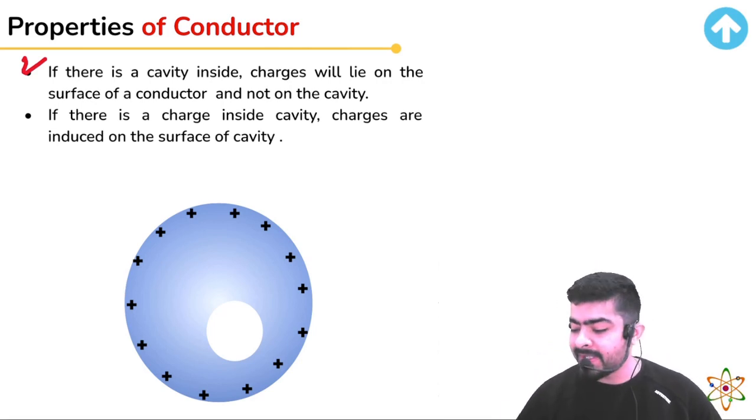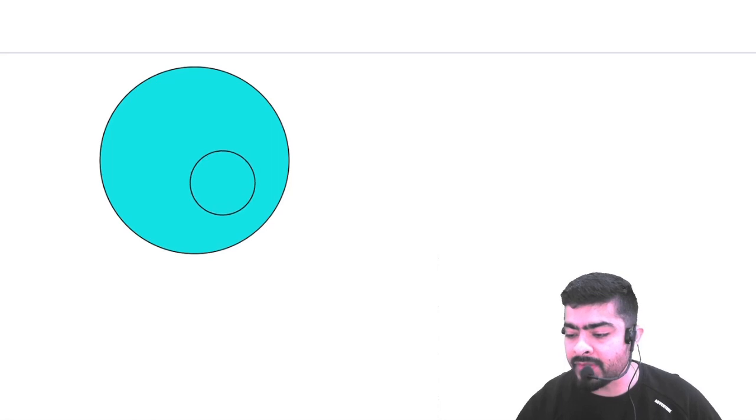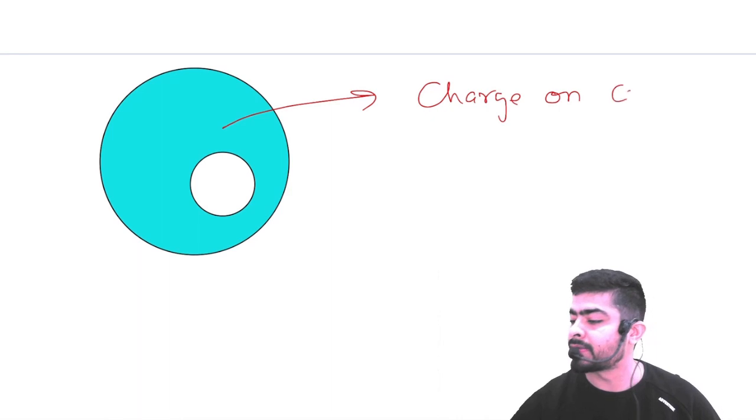Basically, let's take one simple example. If I've got a conductor over here, this is my conductor, and the conductor has some cavity. Let's say this is the cavity of the conductor. Let me change the color of the cavity. Okay, so this is your cavity. Now, let's say the charge on the conductor is 2 coulombs.